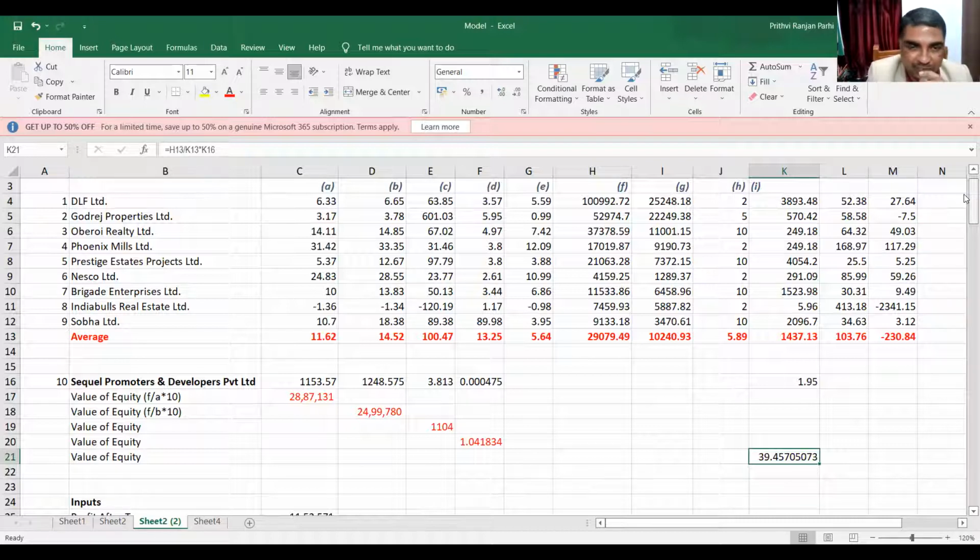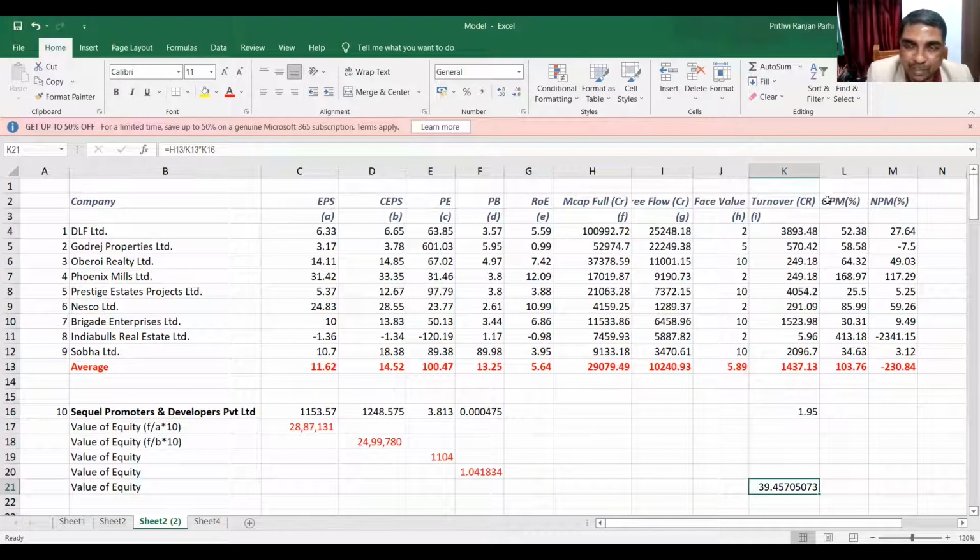Okay. Are you getting? Yes. So like this, will you be able to calculate the value of equity on the basis of only operating profit margin, net profit margin, then return on equity? Okay. On this basis, you'll be able to.